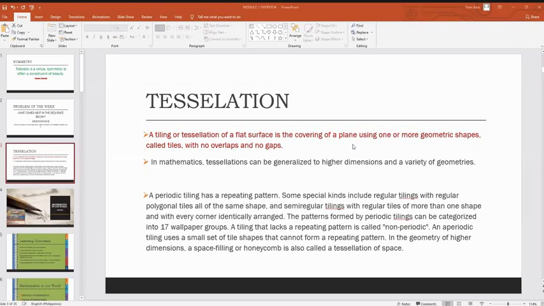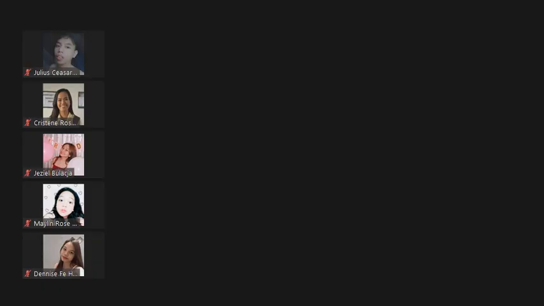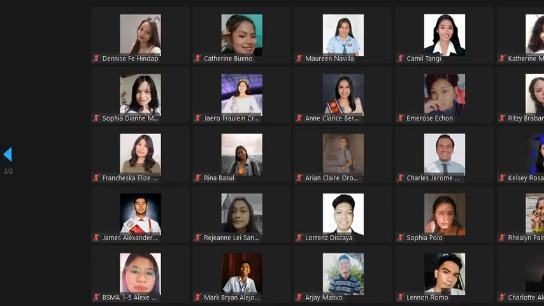So you have to check the measurement. It should be equal to 360 degrees. So that's another type of tessellation. Very good. Group 2, you have given us samples and the different types. Congratulations.